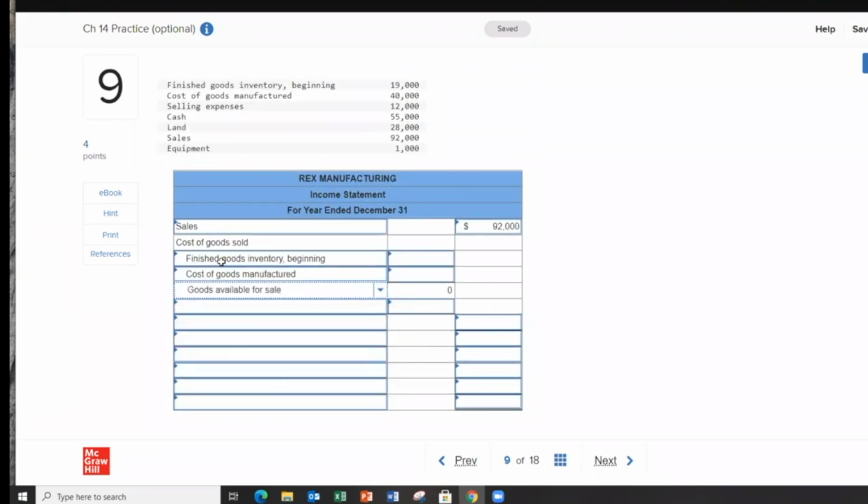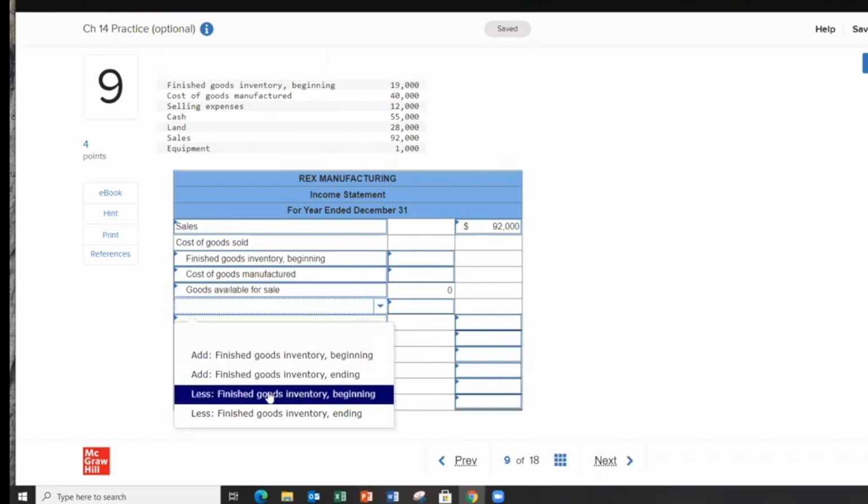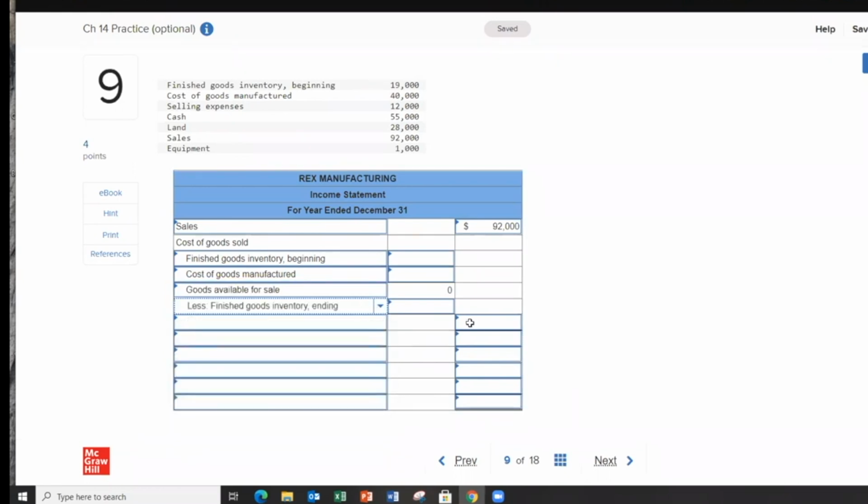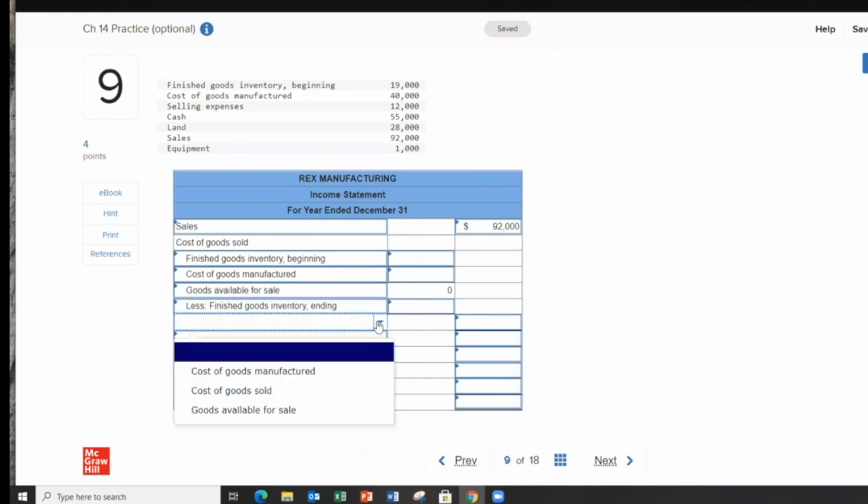Well, these two added together equal goods available for sale. Then we subtract what we ended up with, less finished goods inventory ending. And this will give us our cost of goods sold.